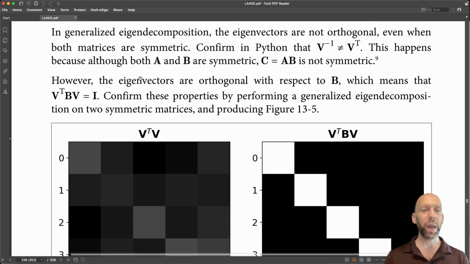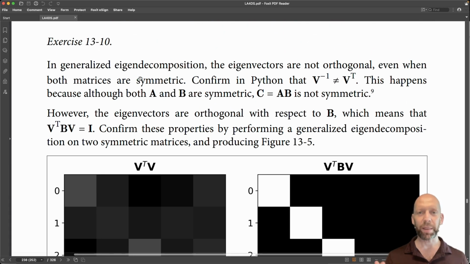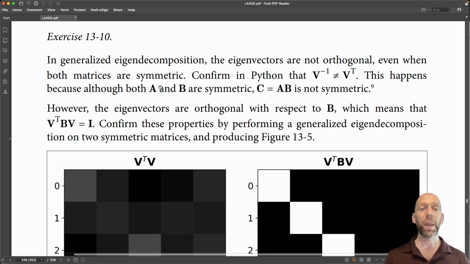But that property doesn't hold immediately for a generalized eigendecomposition, even if both matrices A and B are symmetric. If A and B are symmetric matrices, their individual eigenvectors matrices will be orthogonal, so V transpose V will be the identity matrix. But the generalized eigendecomposition on A and B is not going to have this property.